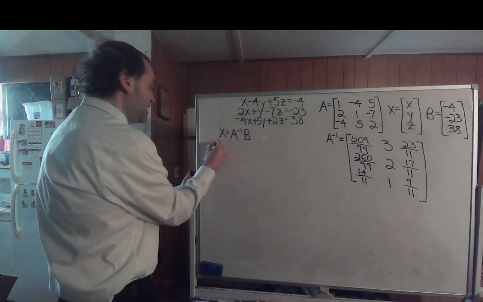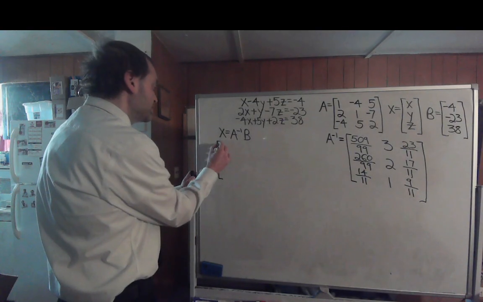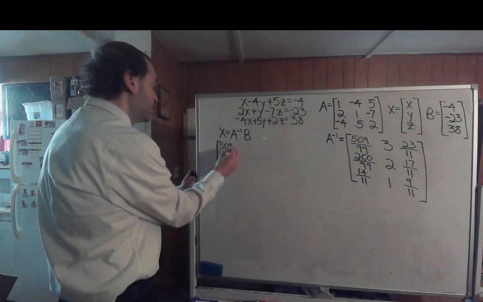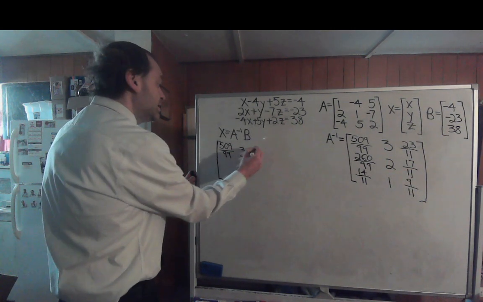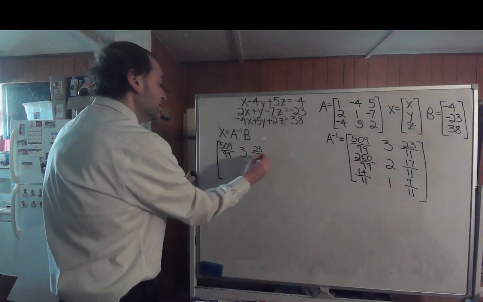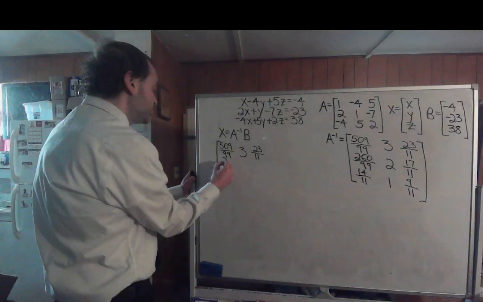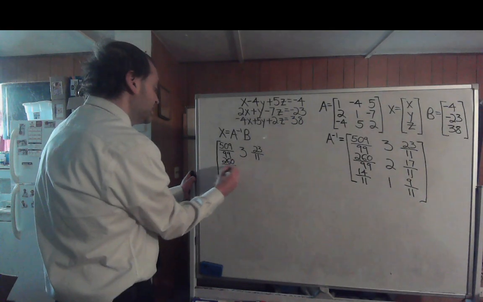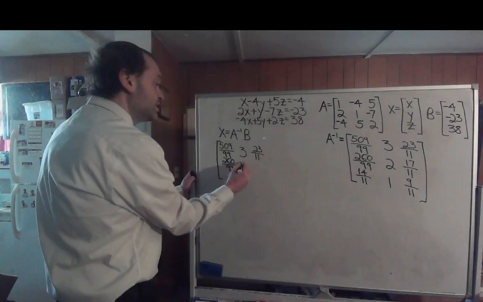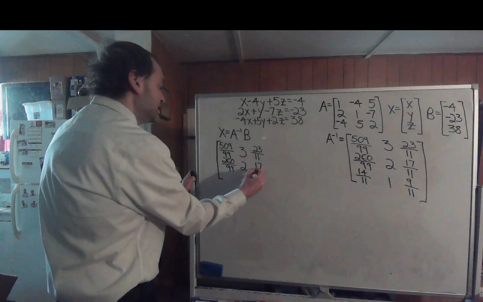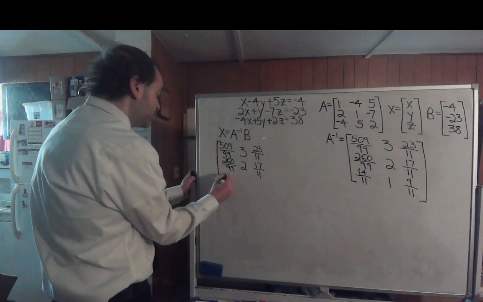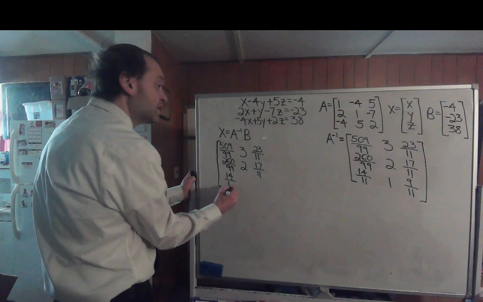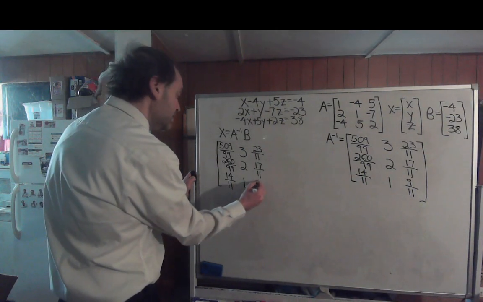So we'll take our A inverse matrix of 509/99, 3, 23/11, 260/99, 2, 17/11, 14/11, 1, 9/11.